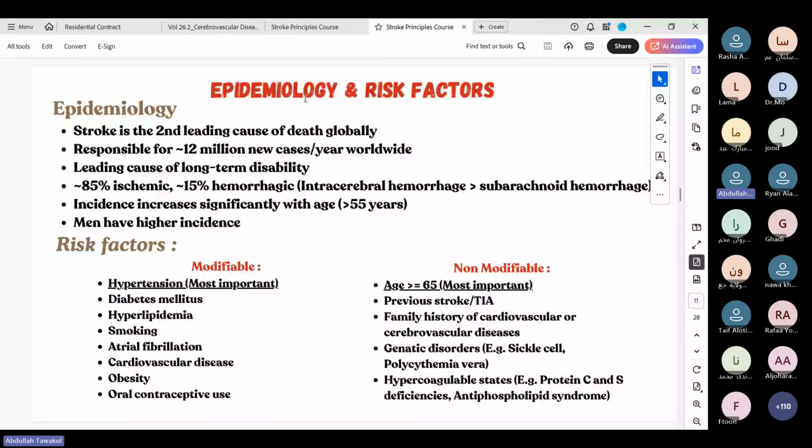In regards to modifiable risk factors, the most common one is hypertension. Hypertension is the most common risk factor for strokes.